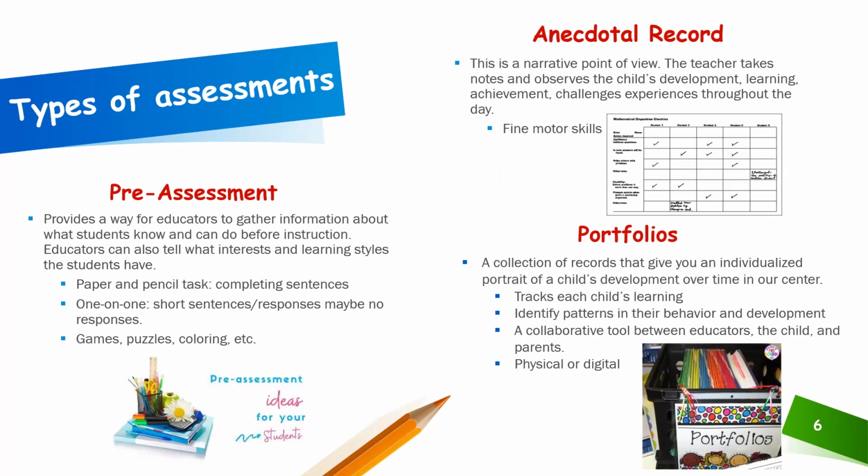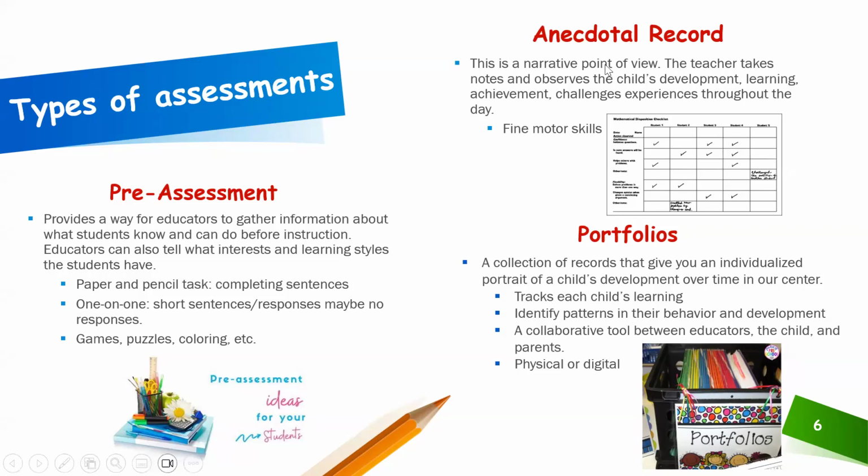This can also be one-on-one, seeing how the child responds using complete sentences, or sometimes there will be no responses. We can also tell by games, having puzzles or coloring or other activities.